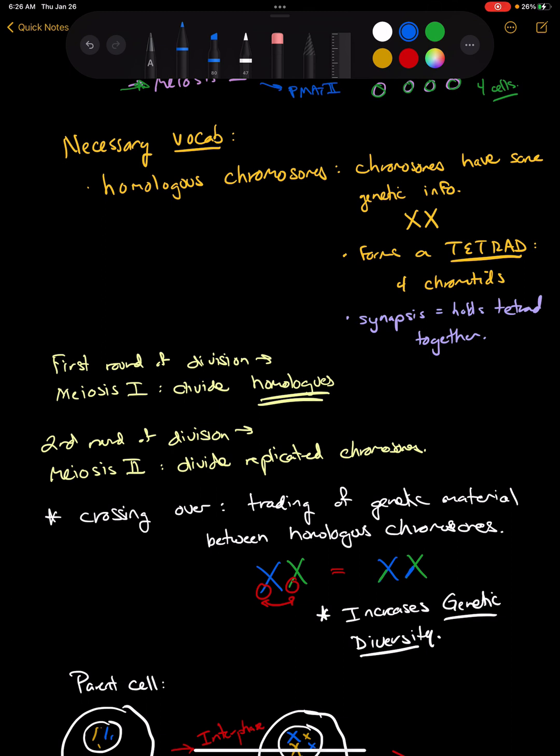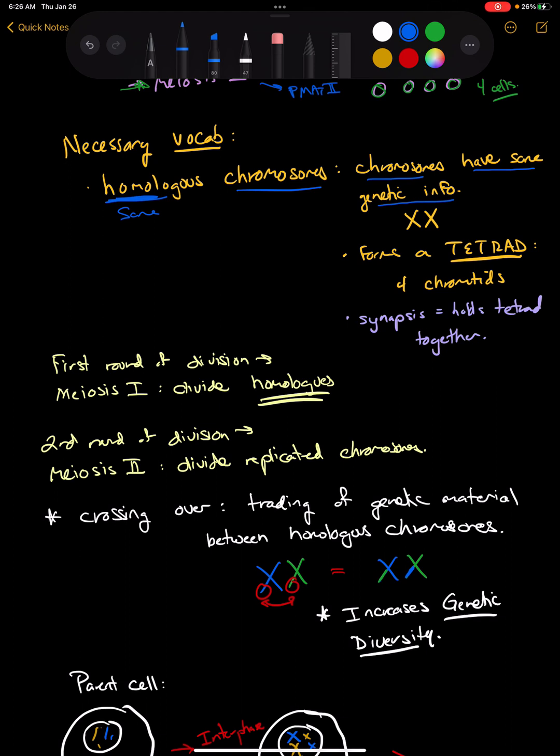Now, a few more words that we have to be aware of. When we went through mitosis, we talked about chromosomes and replicated chromosomes, but now we have a new thing called homologous chromosomes. Okay? Now, homo, let's think about word roots. Homo means same. And then chromosomes hold genetic information. So homologous chromosomes are chromosomes that have the same genetic information on them.